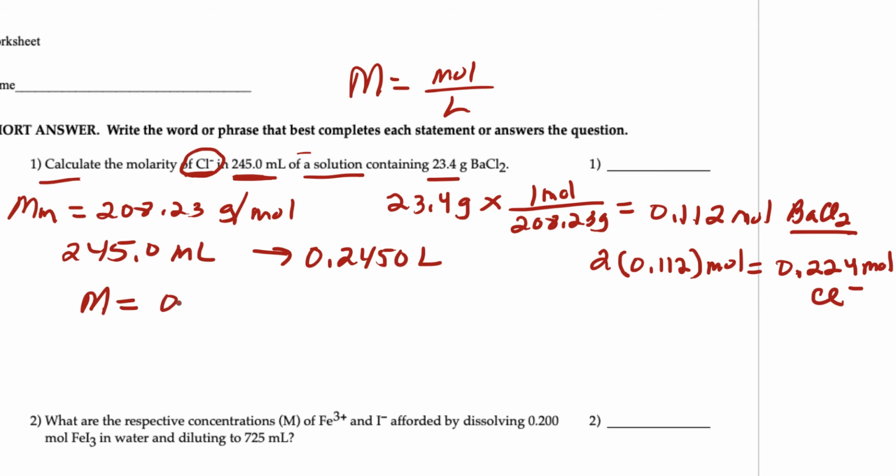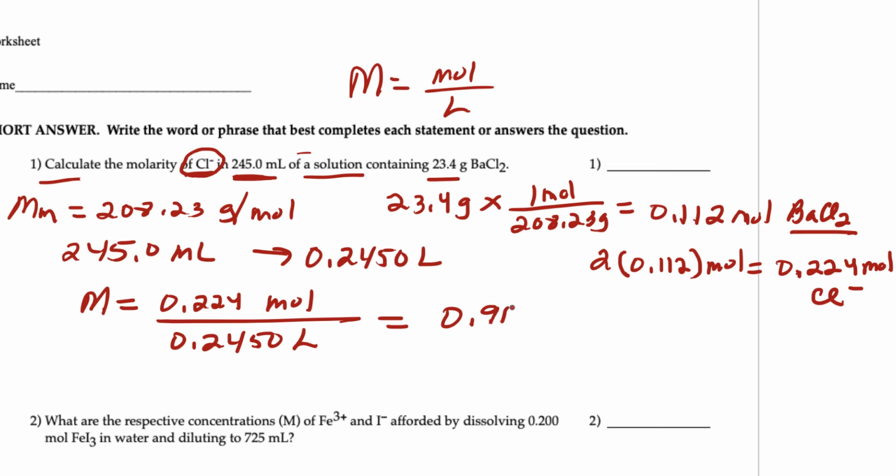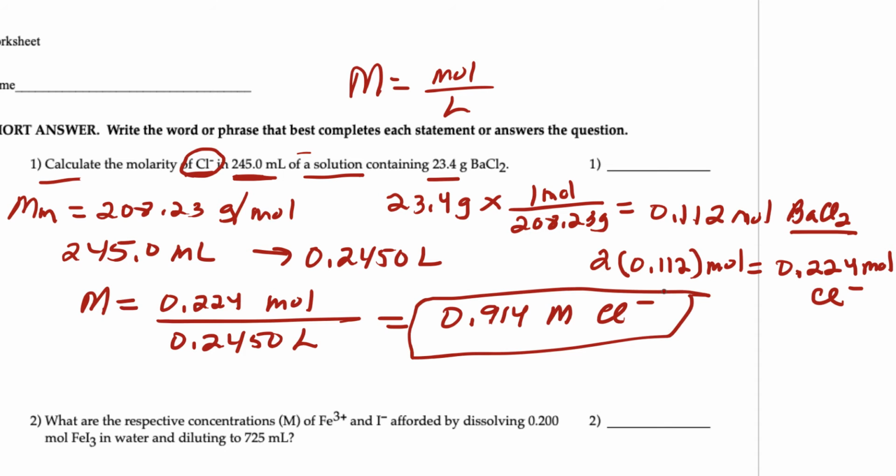We have 0.224 moles of chloride ion divided by 0.245 liters, and that gives me a molarity of 0.914 molar in chloride ion.